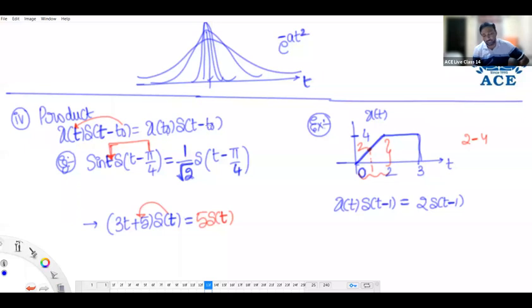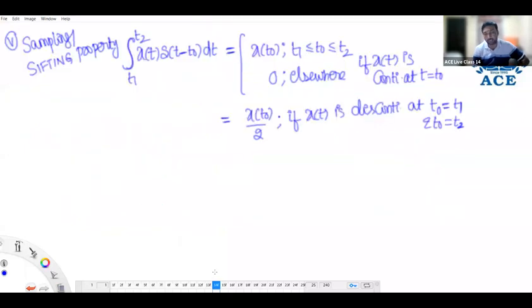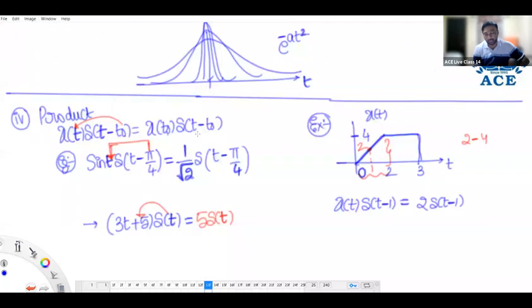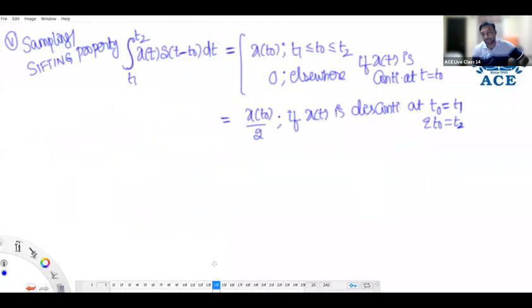Even if it is shifted, area remains the same. Product property is modified to sampling or shifting. If our signal is continuous at the shift, t1 and t2 both are included. Some funny questions will be asked from this property in different exams, sir. Very easy questions like this.